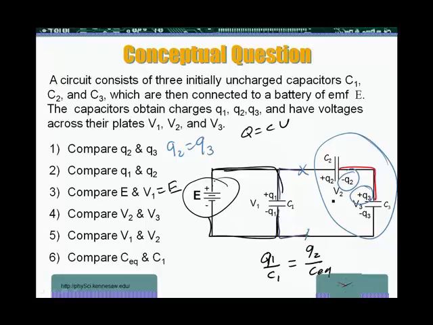All we know is that V2 is equal to Q2 over C2 and V3 is equal to Q3 over C3. Now we know that Q2 is equal to Q3, but we don't know anything about the capacitance. If the capacitors are equal, then V2 and V3 are equal. But if they are different, we are going to have different voltages.